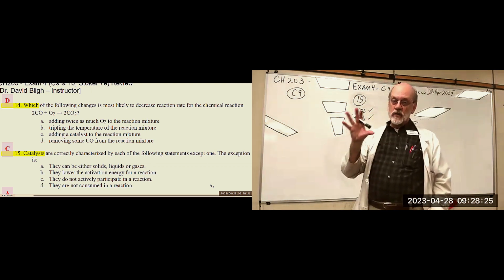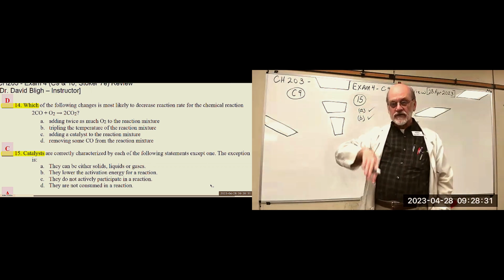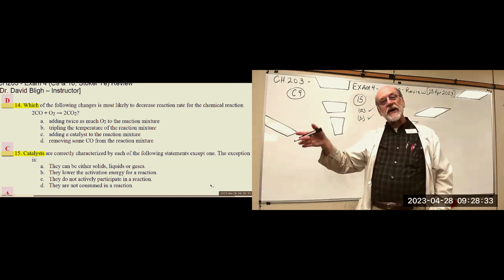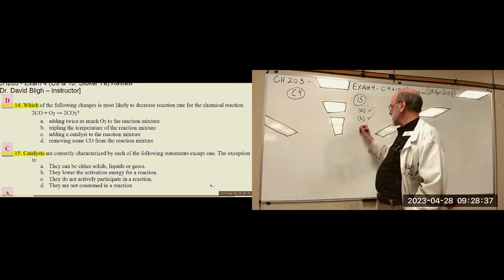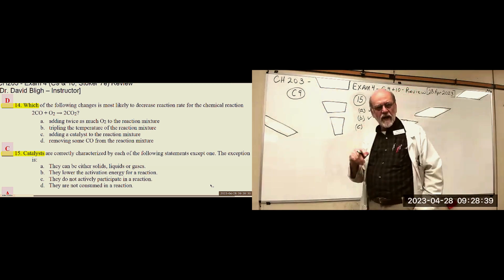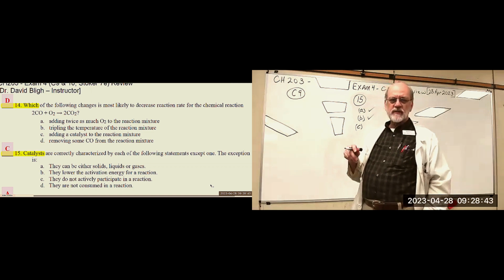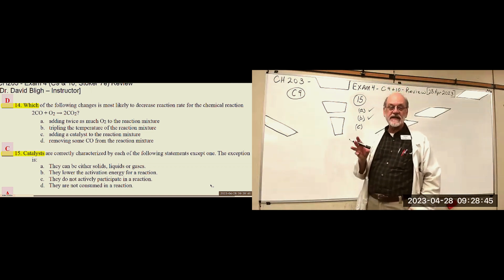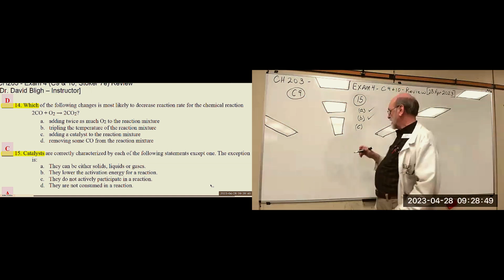Because now, with that catalyst, more of the reactants have sufficient energy to make it over the hump and make products. How about C? Oh, excuse me. I'm looking at 14. 15. They do not actively participate in the reaction. That's false.